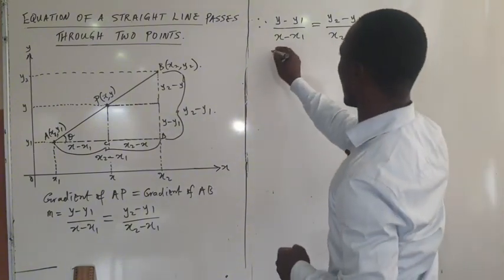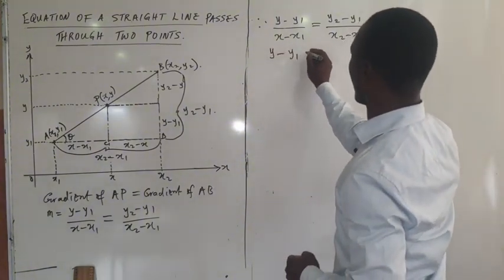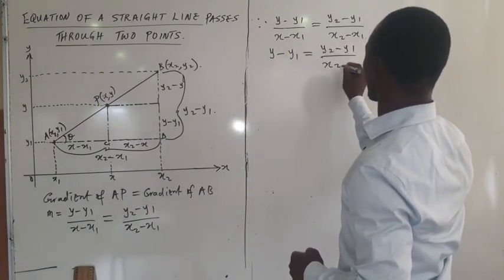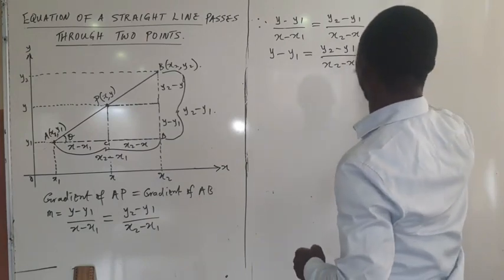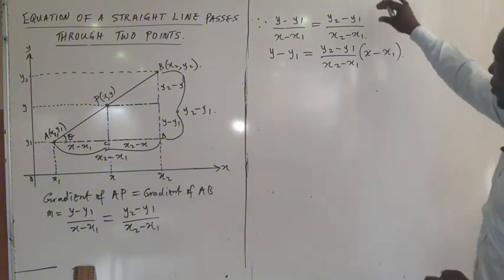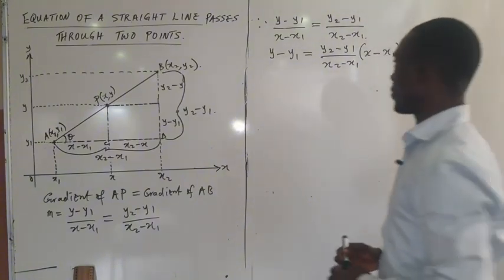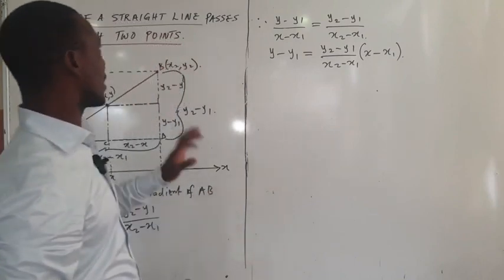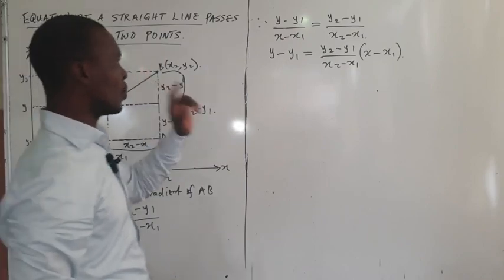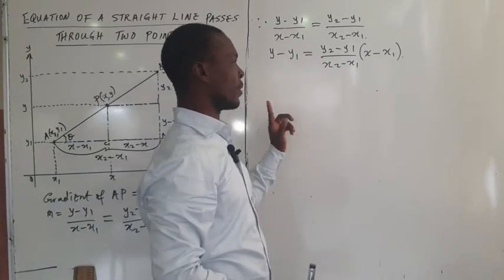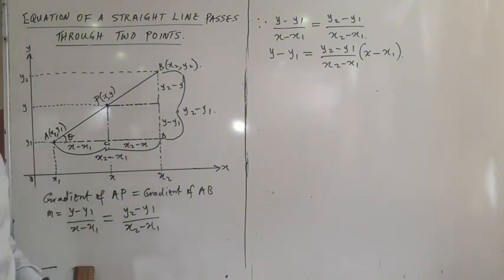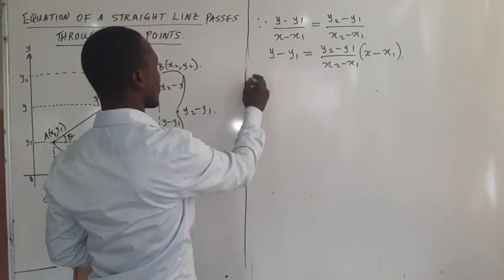We can as well write it as y minus y1 equals y2 minus y1 all over x2 minus x1, then open bracket x minus x1. So you can make use of the second formula as well. So that is the equation of a straight line that passes through 2 points, and the 2 points are x1, y1, that is the first point, and x2, y2, that is the second point. So we move to the example.